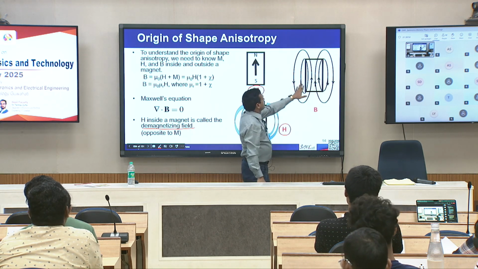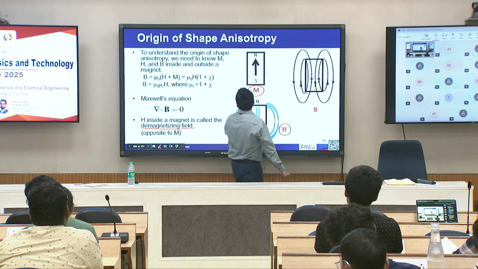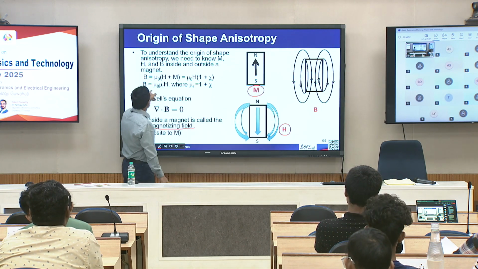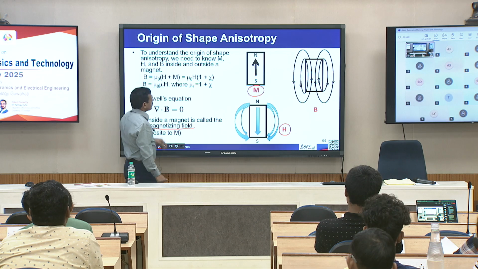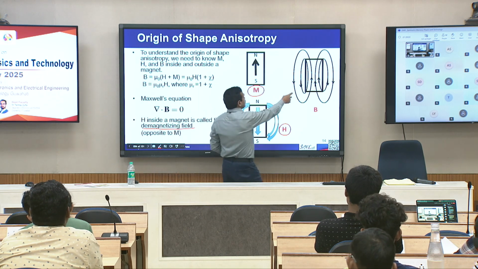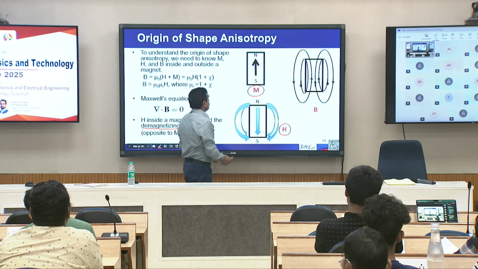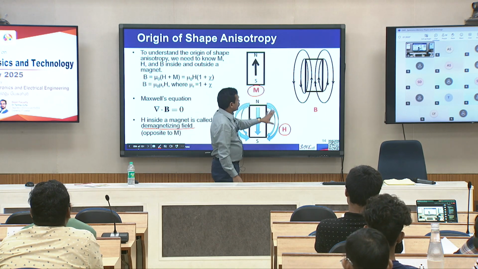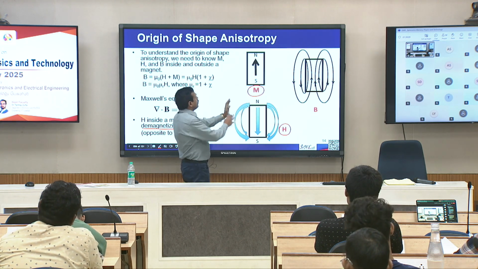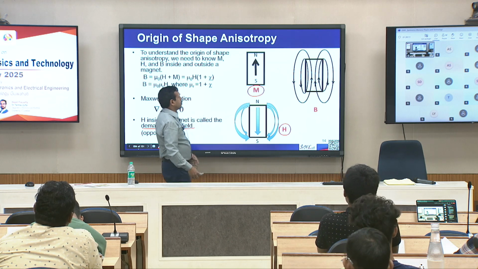B is the magnetic induction, so it follows this pattern. So, the B, H and M of a magnet will have this kind of property.